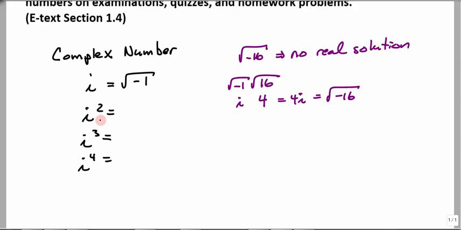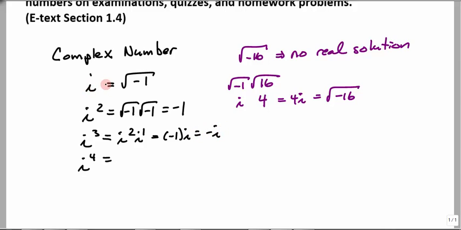Now i squared is basically the square root of a -1 times the square root of -1, which is going to be just the radicand back, -1. i cubed would be something like i squared times i, because remember when you multiply like bases you add the exponents. 2 plus 1 is 3. Well, i squared is a -1. i to the first is just i, so here I'd get -i.